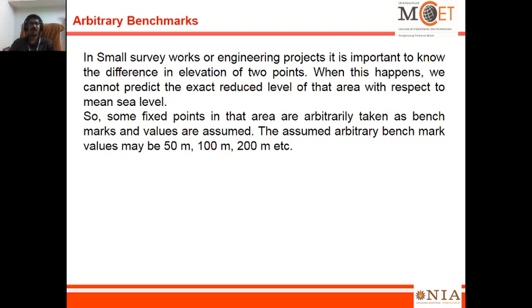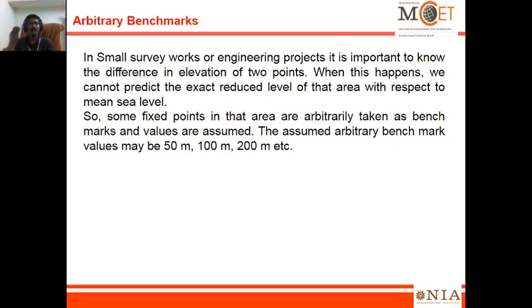In small survey works or engineering projects, it is important to know the difference in elevation between two points. When this happens, we cannot predict the exact RL of that area with respect to mean sea level, since the MSL may or may not be available. So some fixed points in that area are arbitrarily taken as benchmarks, and values are assumed, say 50 meters, 100 meters, 20 meters, whatever it is.